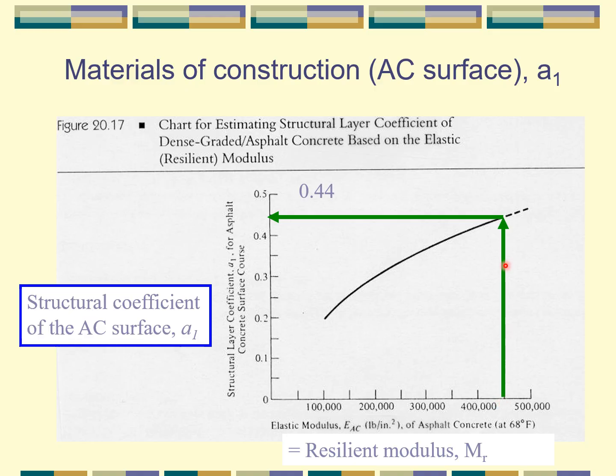Corresponding to this, the value is coming equal to 0.44 in this example. So this is the structural coefficient for the asphalt concrete material. So this is A1. I will repeat: A1 is the structural coefficient for the asphalt concrete, A2 is for the base course, A3 for subbase.